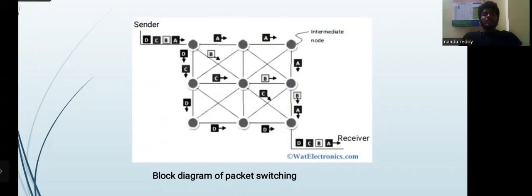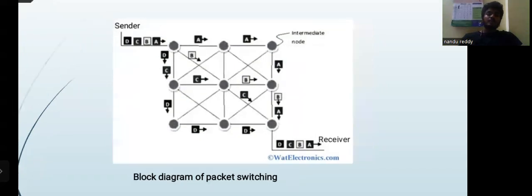Since A started to move first, A is received first, then B, then C, then D. If we do not get them in order, the data will be mismatched, or if any packet is missed, the data will be totally lost. But it is the most efficient and fastest way to transfer data from sender to receiver, by making the data into packets. This is the block diagram of packet switching.